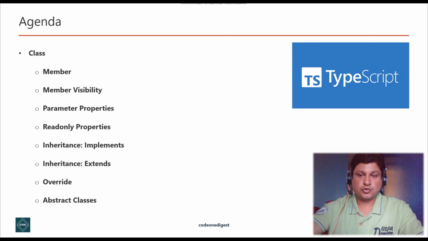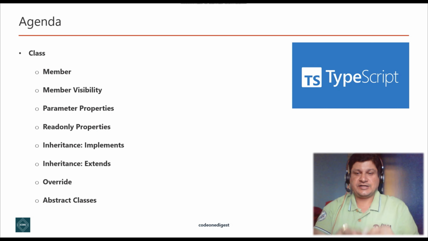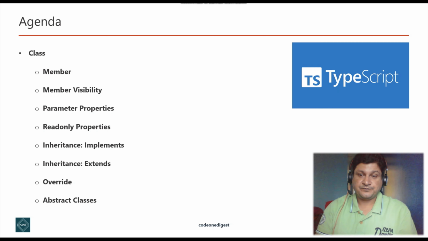That means we'll see how to implement an interface. And then we'll also see extending a class. We'll also see how we can override functions, and we'll also see the concept of abstract classes. So stay tuned and watch this tutorial till end. It is going to be very informative and exciting tutorial today.